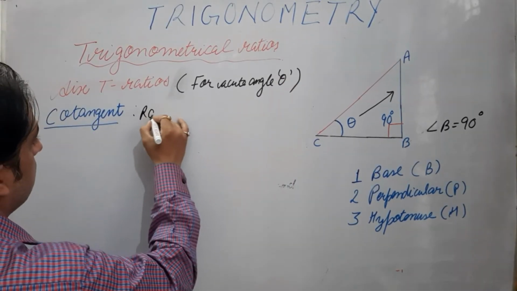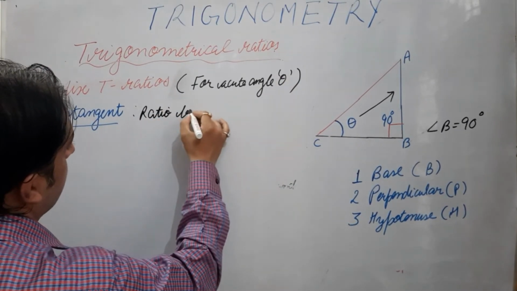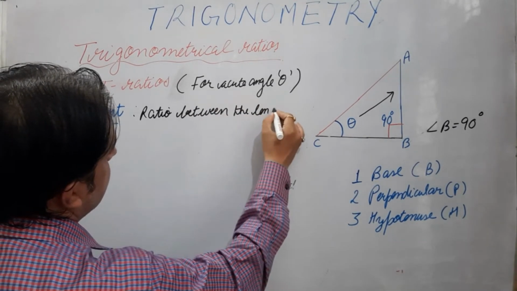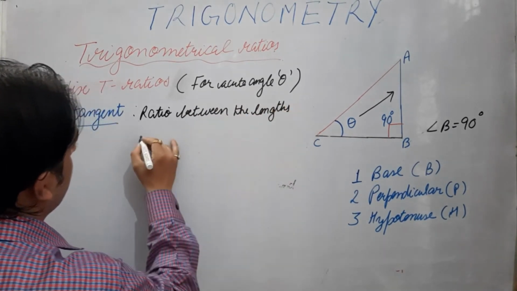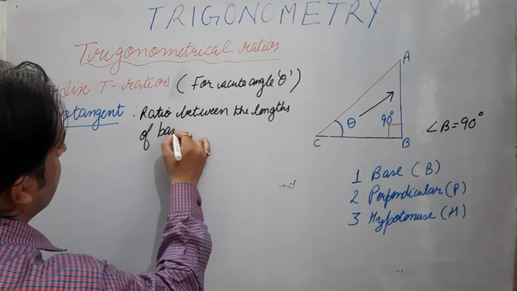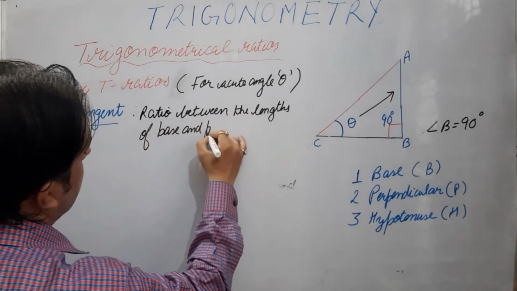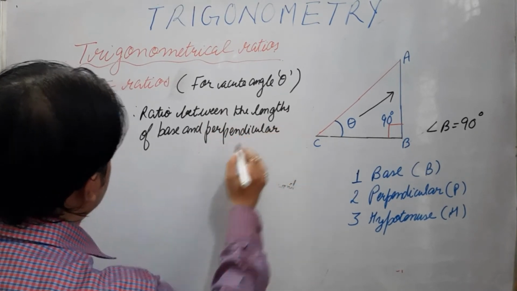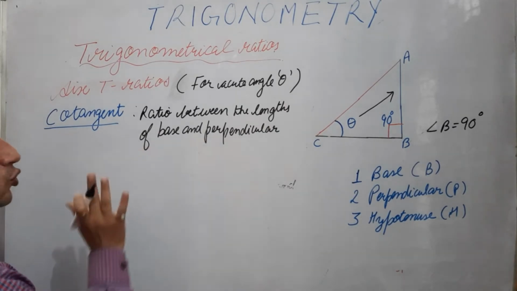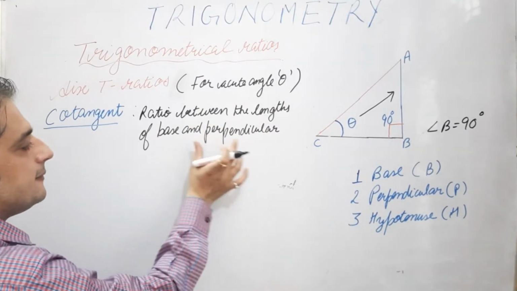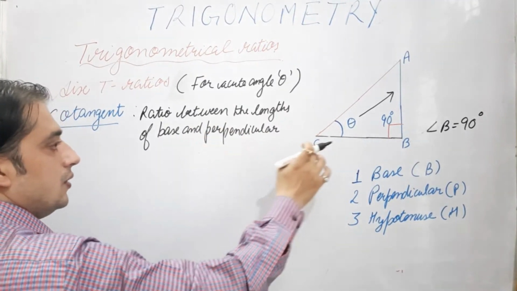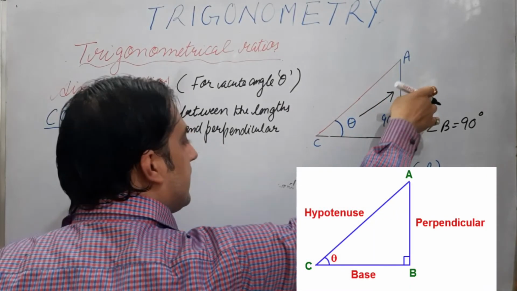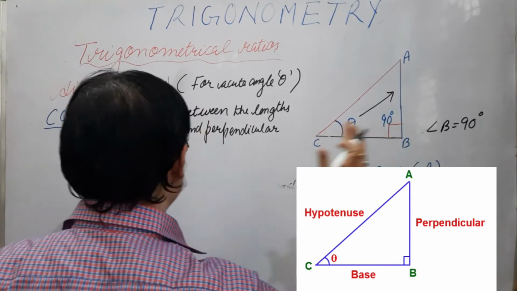It's a ratio between the lengths of base and perpendicular, right? The ratio between the two sides, and which sides are they? That is base and perpendicular, and you very well know which side is perpendicular and which side is base. The opposite side is perpendicular and the adjacent side is base.